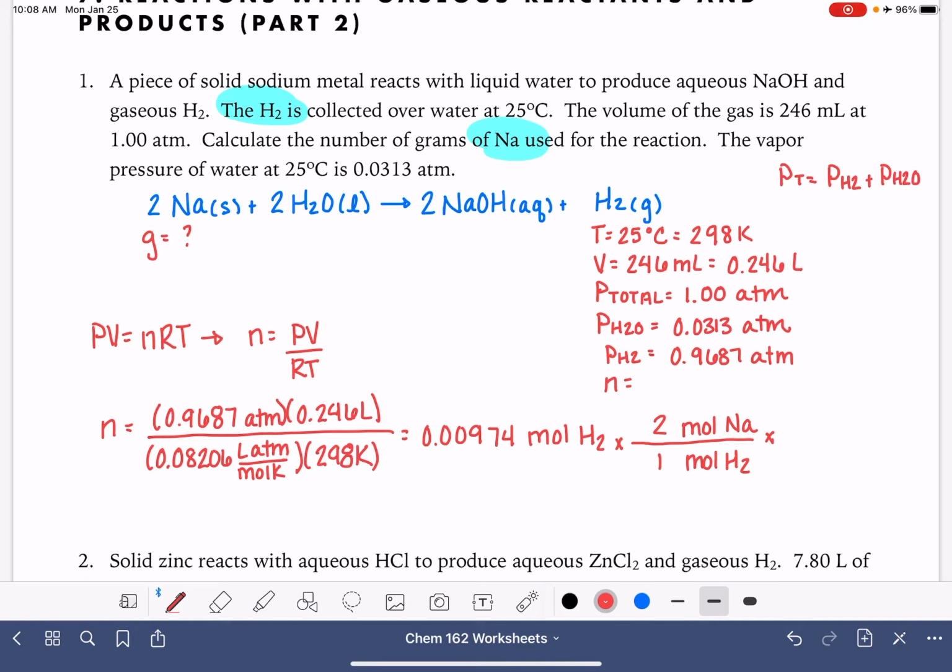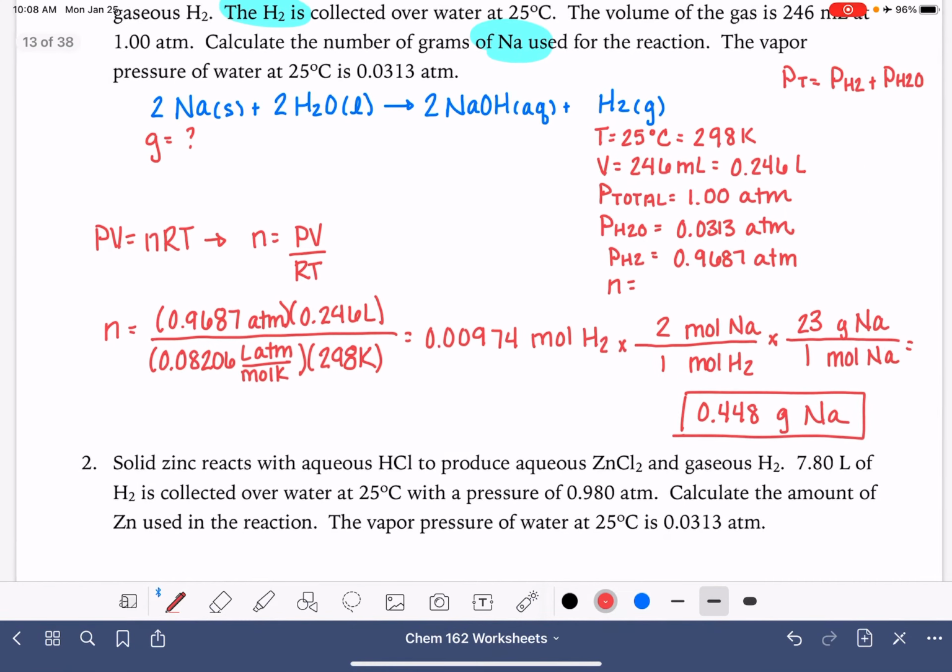And then one last step, converting moles of sodium into grams of sodium, using the atomic mass of sodium, which is 23 grams per mole. Times 2 and times 23 gives us 0.448 grams of sodium for this.